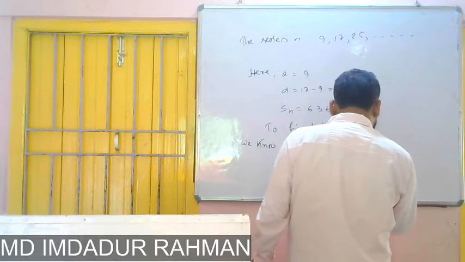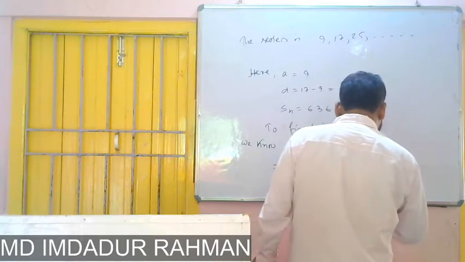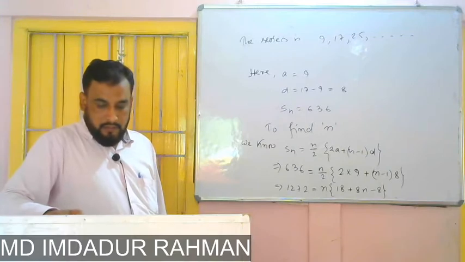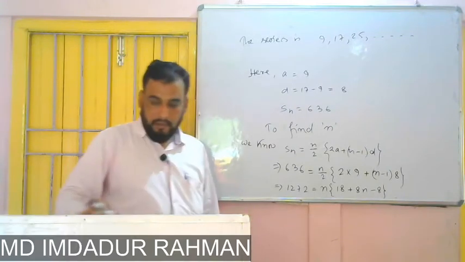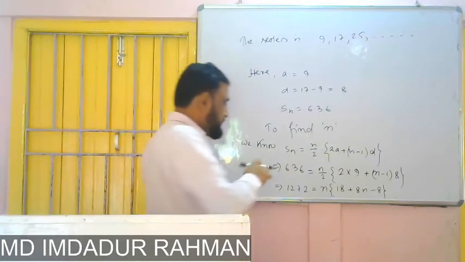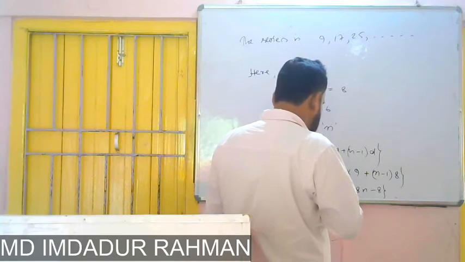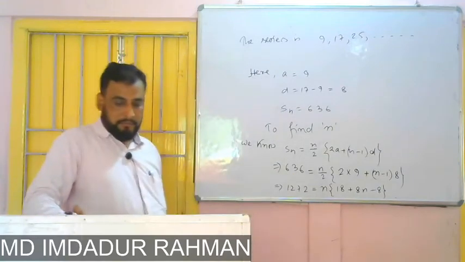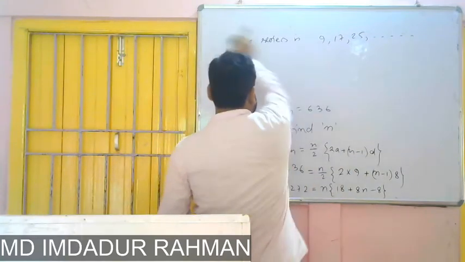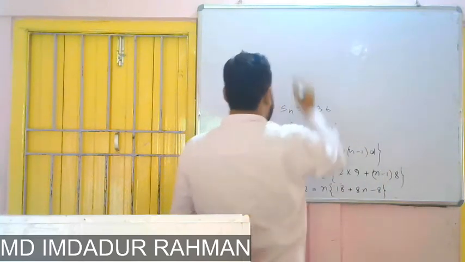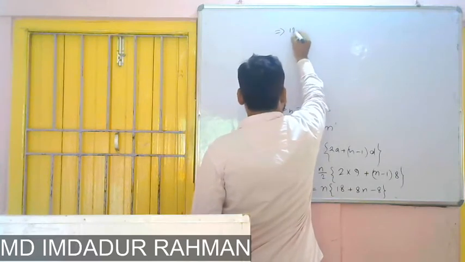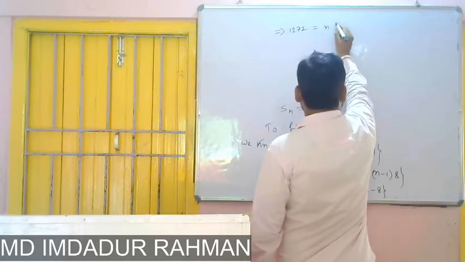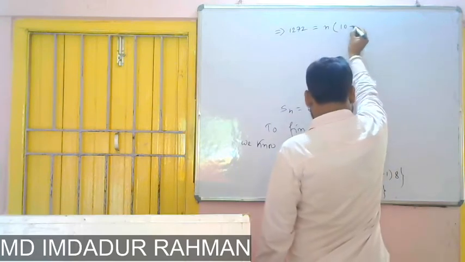So 8n minus 8. Now 1272 is equal to n into 10 plus 8n.